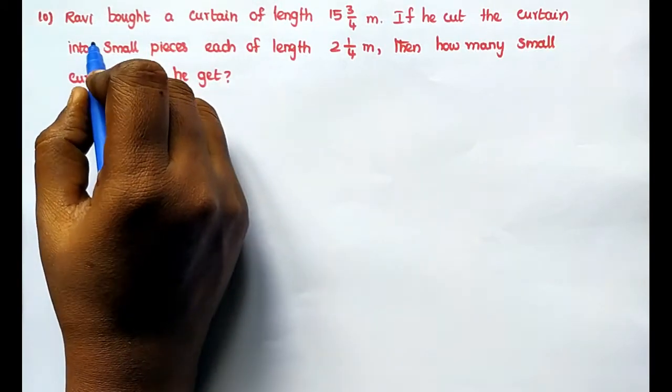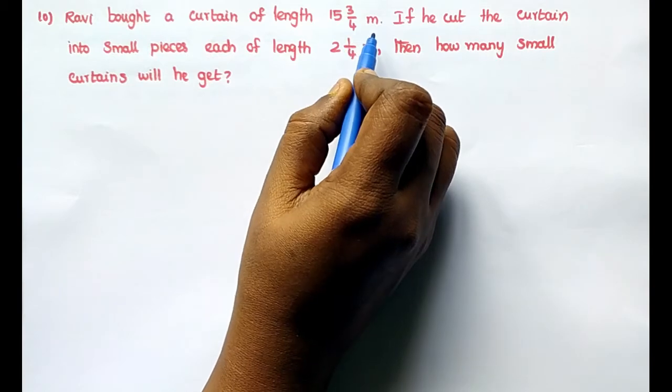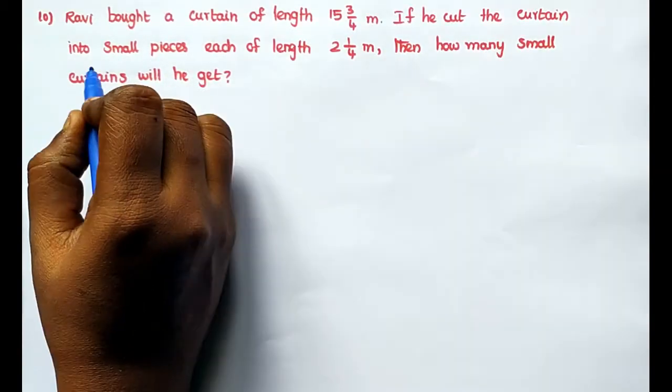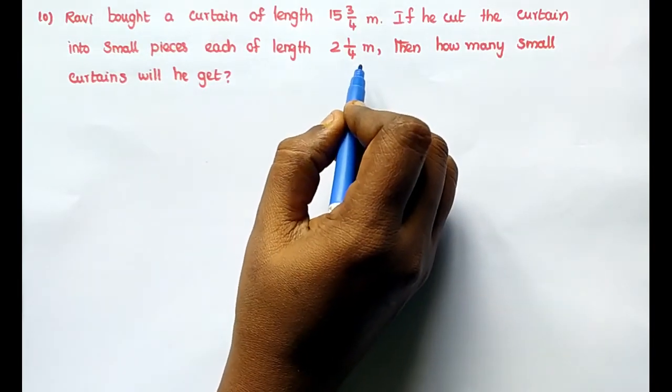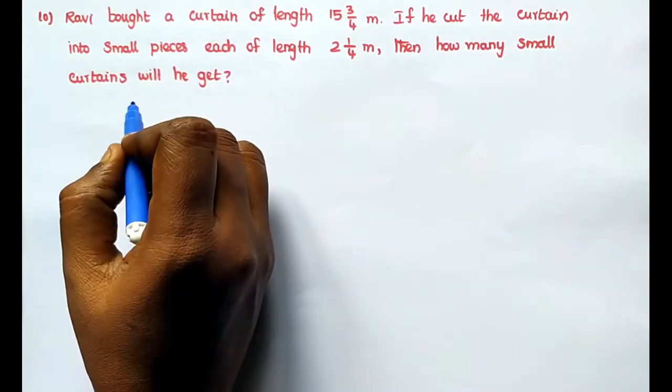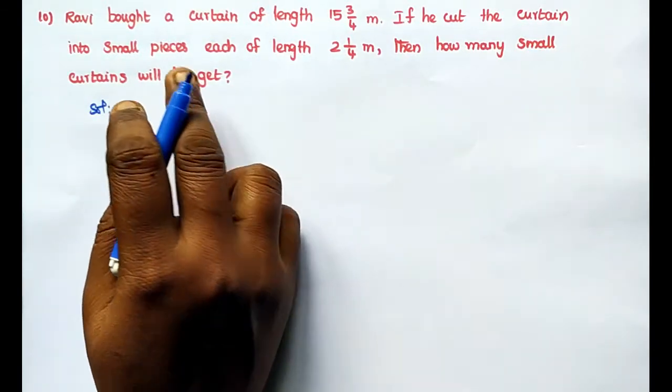10th sum. Ravi bought a curtain of length 15 3 by 4 meters. If he cut the curtain into small pieces each of length 2 1 by 4 meters, then how many small curtains will he get? Listen.